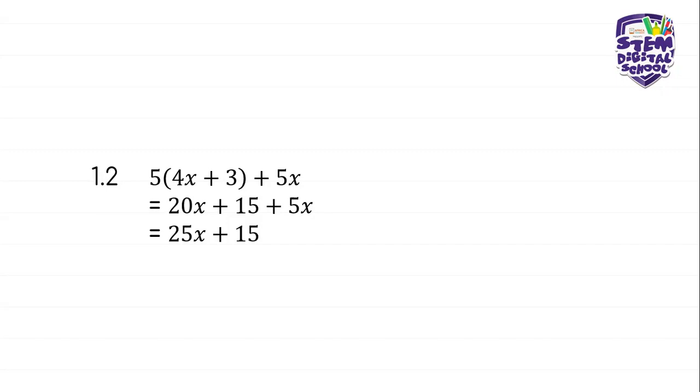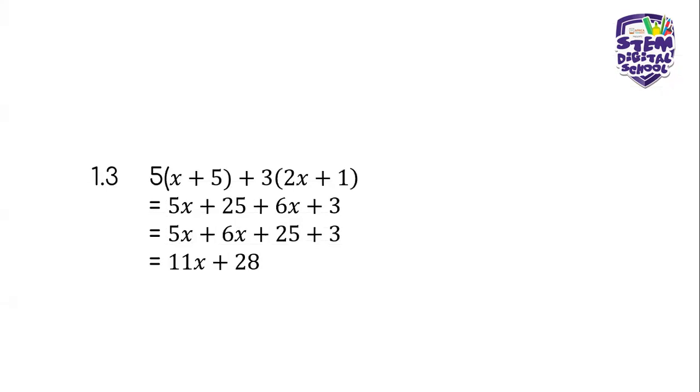So that's 1.2. And then the third one as well, you can see that we have got even 2 brackets. One has x plus 5 and the other has got 2x plus 1. But in the same note, you just multiply. First things first, if you multiply 5 by x, you get 5x. If you multiply 5 by 5, you get 25.